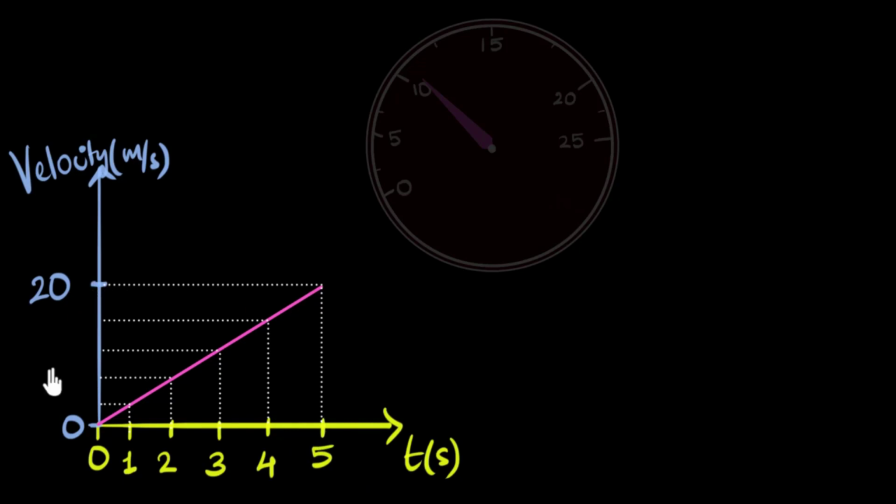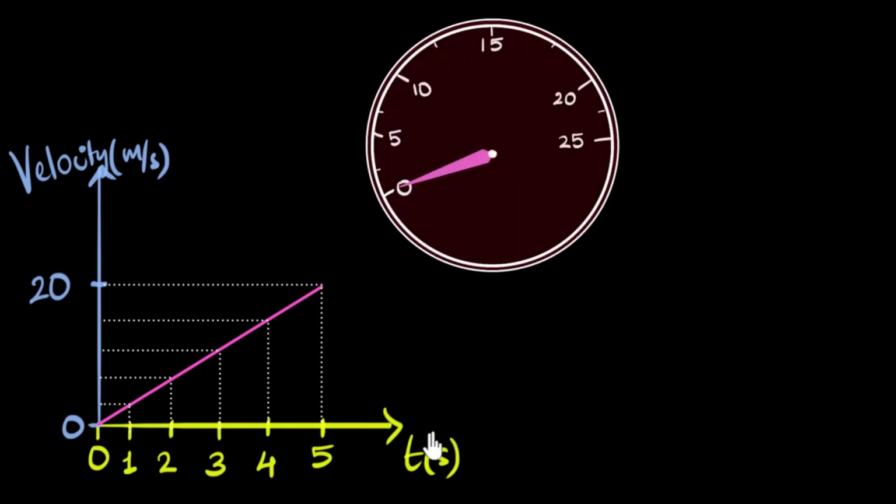So if we had a speedometer attached to our cheetah, then it would look somewhat like this. At time t equal to 0, when we just start our timer, it has 0 speed, but then it quickly accelerates. Its speed increases, and at the end of 5 seconds, it reaches a speed of 20 meters per second. And we don't know what happens after that because the graph ends over there.